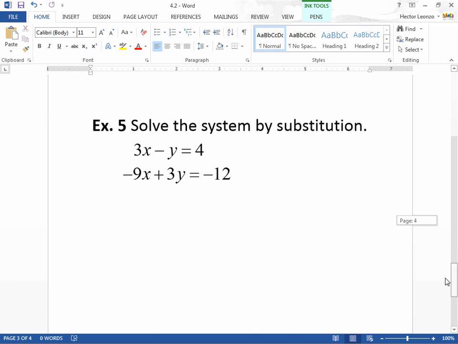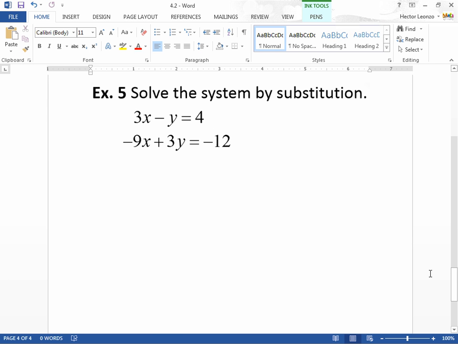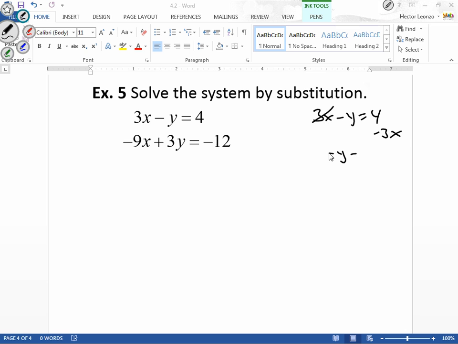Now let's take a look at this one. I want to have one of the equations with a letter by itself. So let me take a look at the first one. Let me write it here at the right: 3x minus y equals 4. I can easily get the y by itself. So let me subtract the 3x. So I have -y is equal to -3x plus 4.